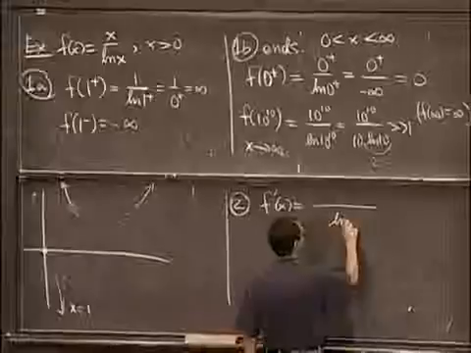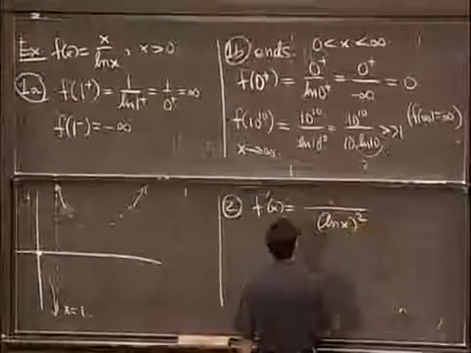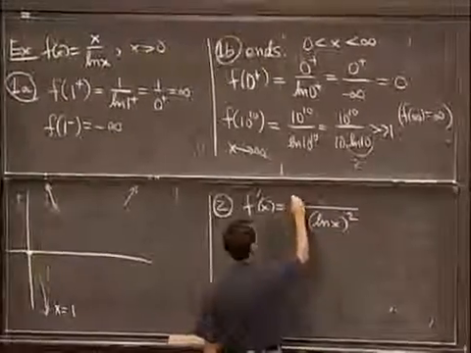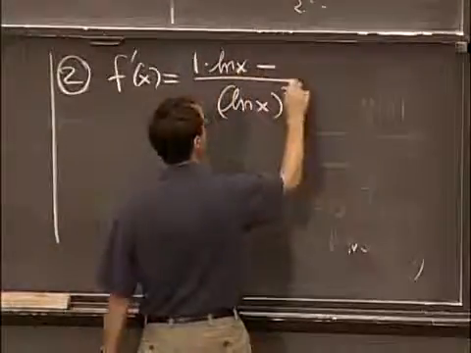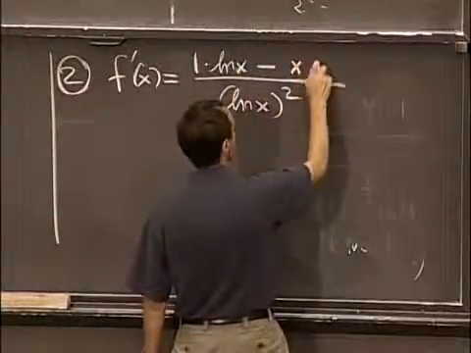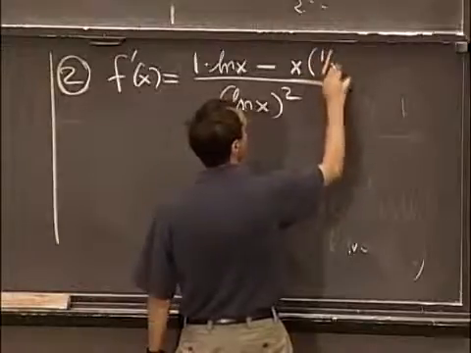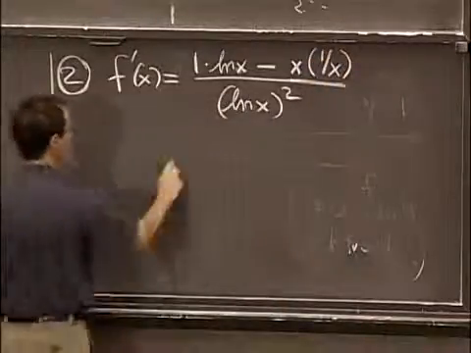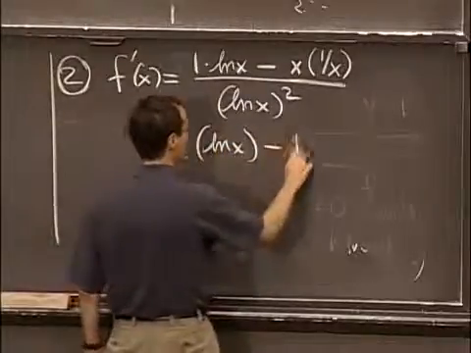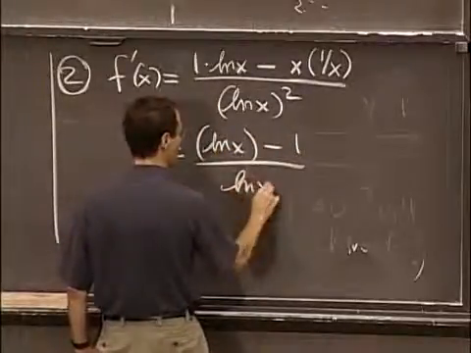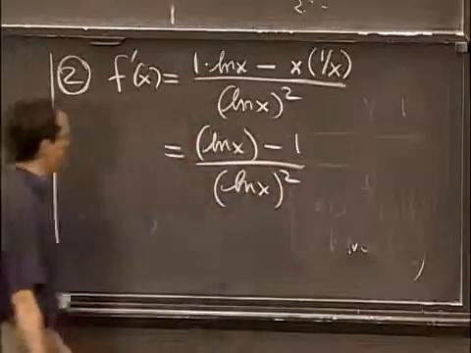So I have a log x squared in the denominator. And the derivative of x is 1, so I get 1 times log x minus x times the derivative of log x, which is 1 over x. So all told, that's log x minus 1 divided by log x squared.